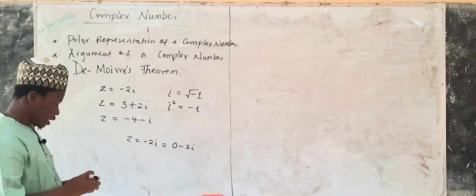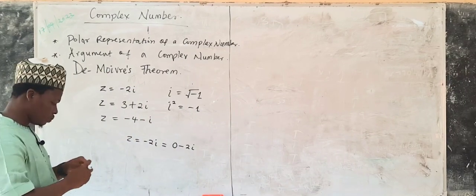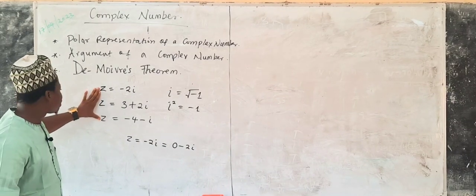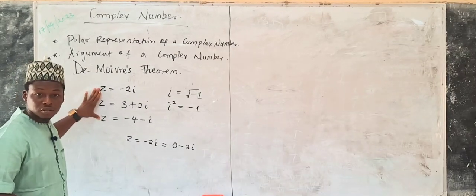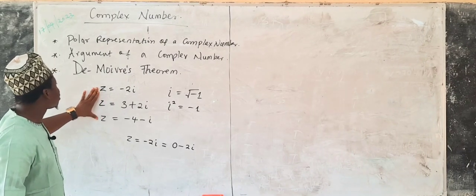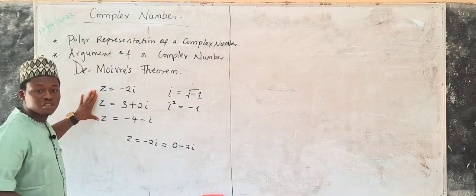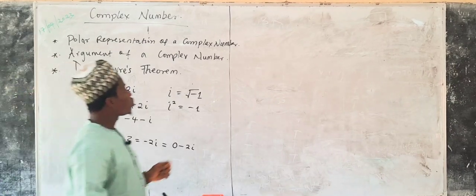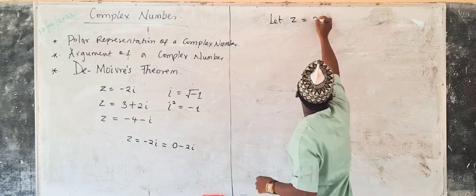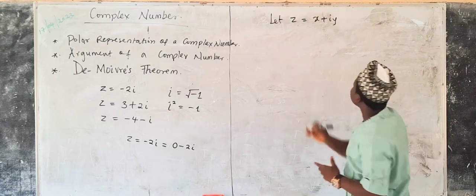Now, we want to talk about the polar representation of this complex number. This form of representation is the Cartesian representation in the xy plane. Now we want to represent it in the polar form, where we have r and theta. So let z be equal to x plus iy.